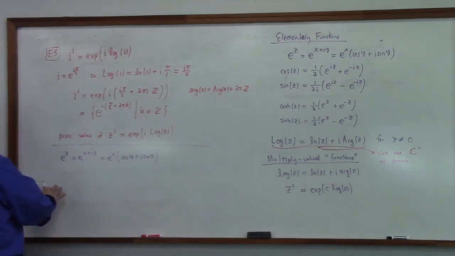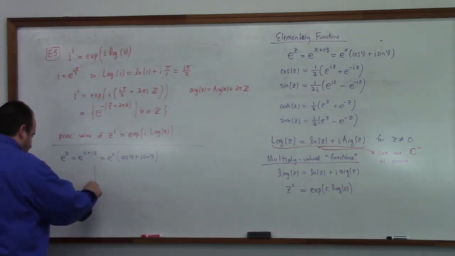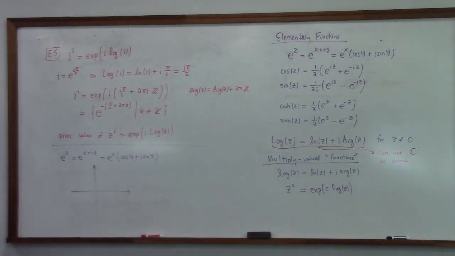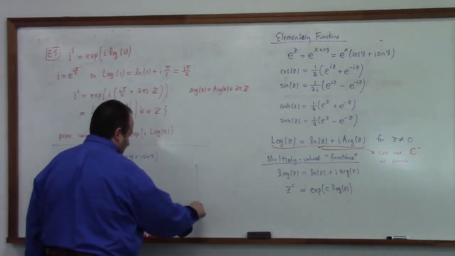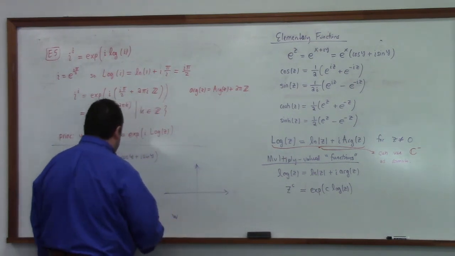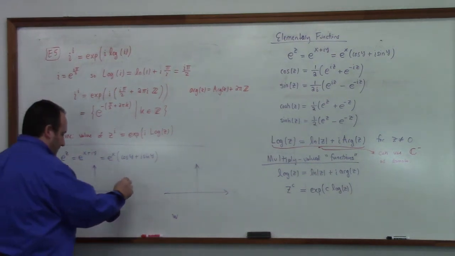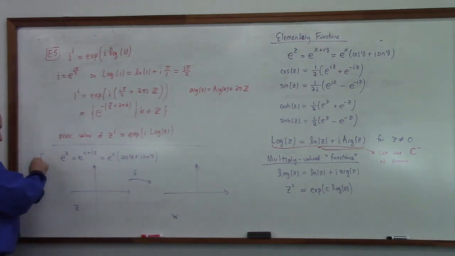And so sometimes it's helpful when you're trying to study the mapping to see what happens to given things in the z-plane as they map to the w-plane. Like, so here's the z-plane, and over here will be the w-plane. So, and this is my function f of z equals e to the z, all right?